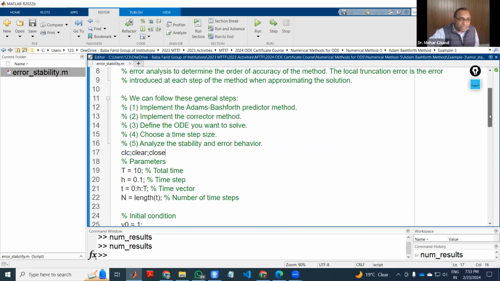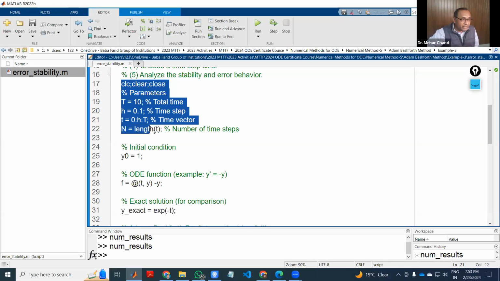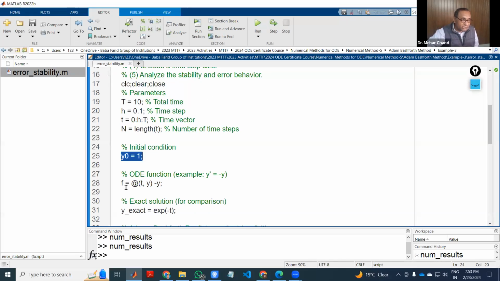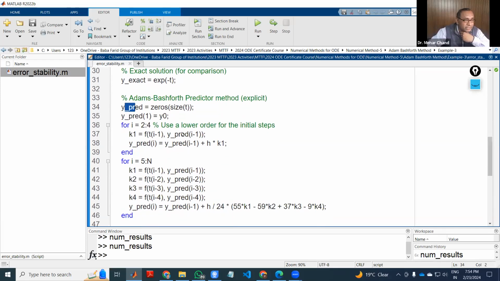The main things are the initial condition, t, h, n, the length of the parameter, the ODE, and the exact solution corresponding to this differential equation, which is this one. Now we will use a numerical approach for this differential equation using the Adams-Bashforth predictor-corrector method which we discussed just now. This is the same process which we discussed here.